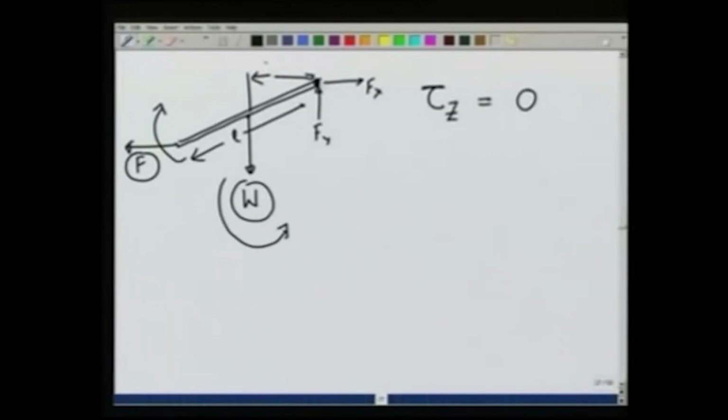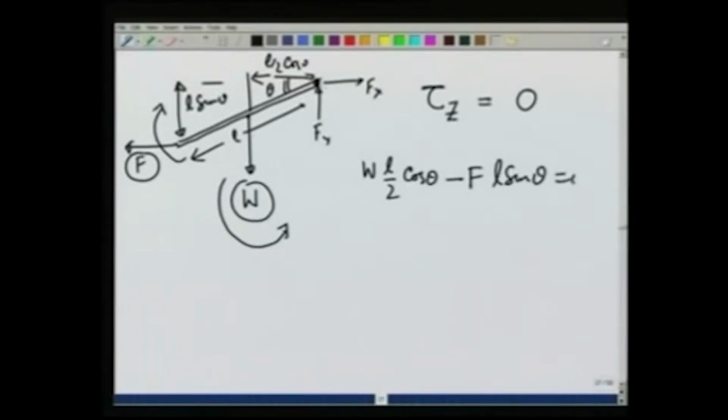This distance is going to be L over 2 cosine of theta, and this distance is going to be L sine of theta, and therefore, when I put tau z equal to 0, I get W L over 2 cosine of theta minus F L sine of theta is equal to 0, and that gives tangent theta is equal to W over 2F.